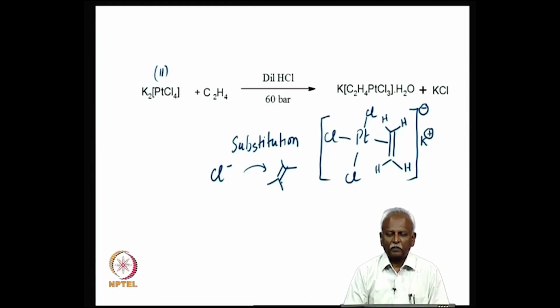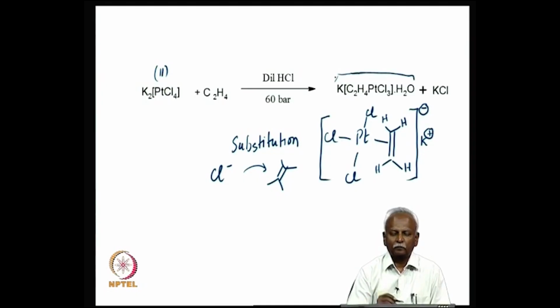Now, a few words about this complex are pertinent here. One of them is the fact that the complex is formed in the presence of water. This whole reaction was done with dilute hydrochloric acid, and notice that the crystal structure of the molecule also contains a molecule of water in the lattice.